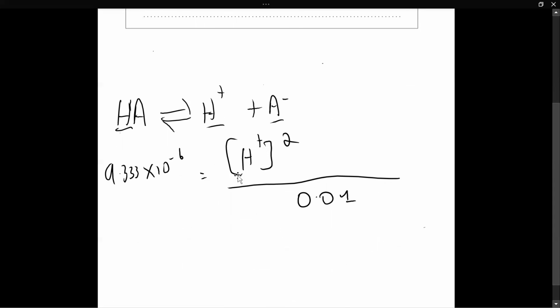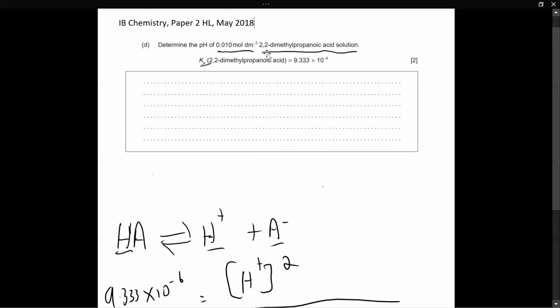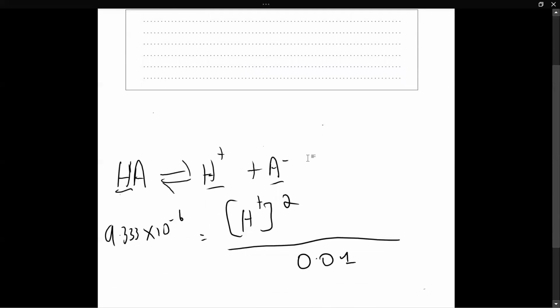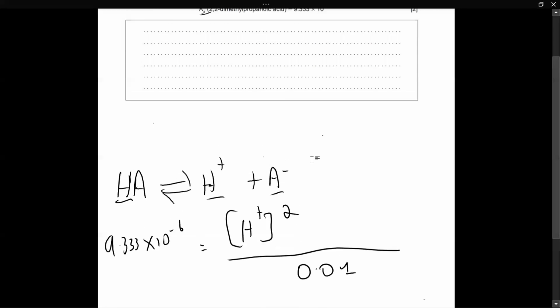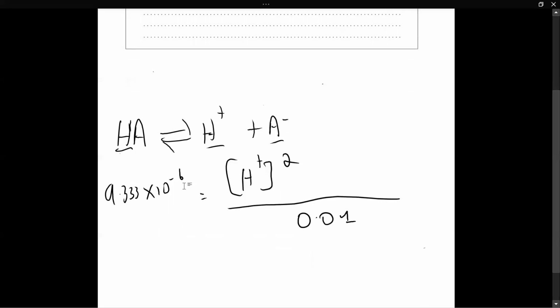So in relation to our question, we can do the exact same thing, because when 2,2-dimethyl propanoic acid dissociates, it's going to give us the same concentration of H plus and the same concentration of the ion. I'm not sure what ion is exactly formed because I haven't written out the formula, but it's going to give us the exact same concentration.